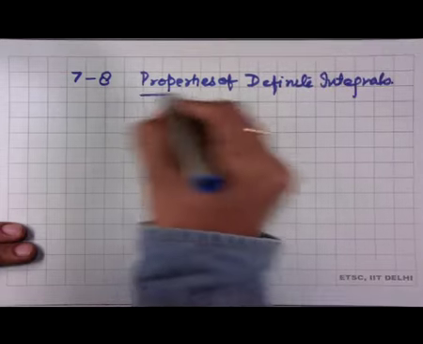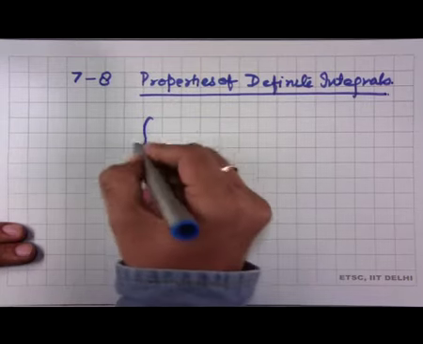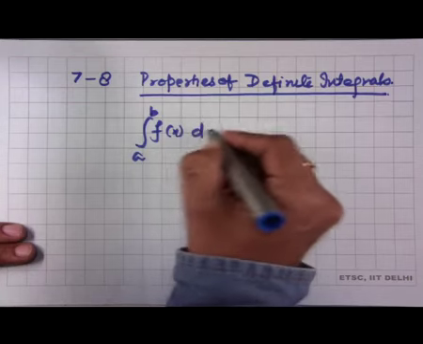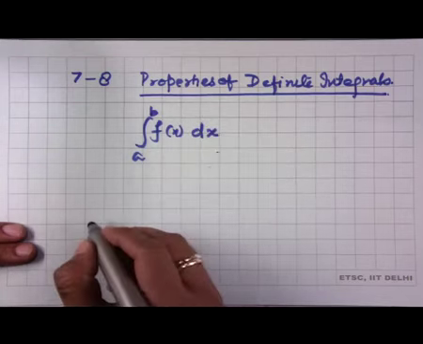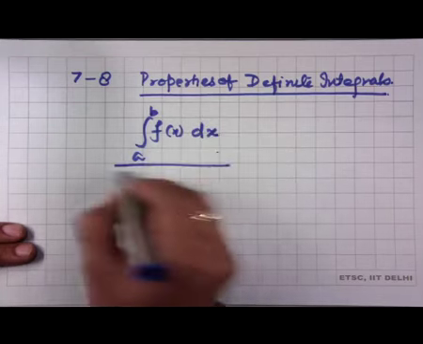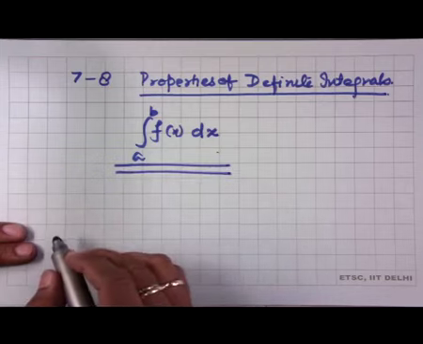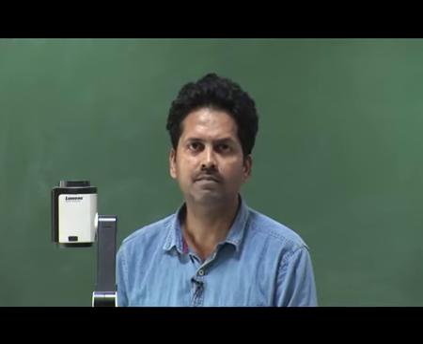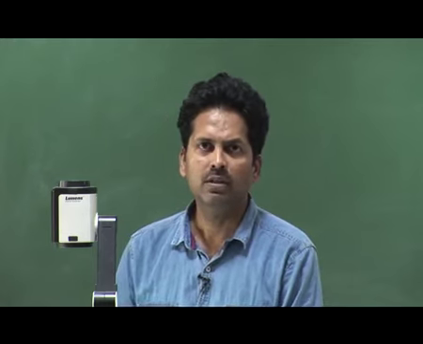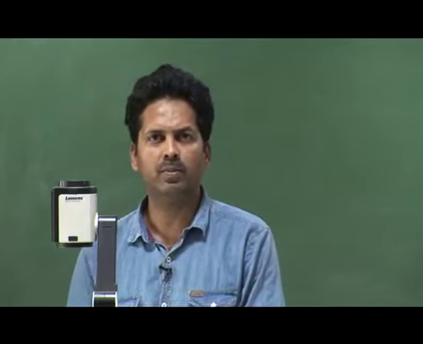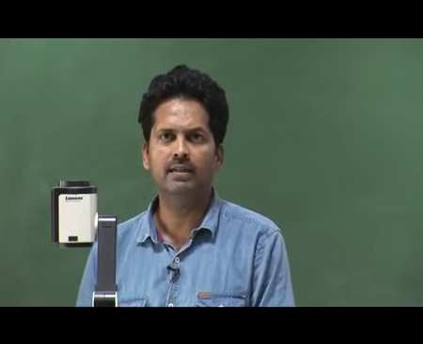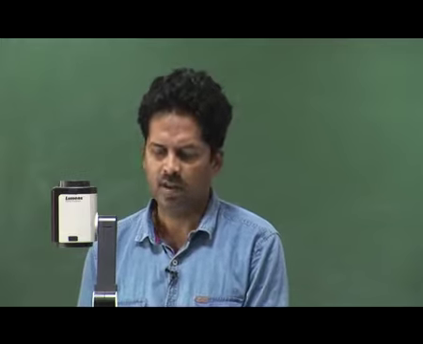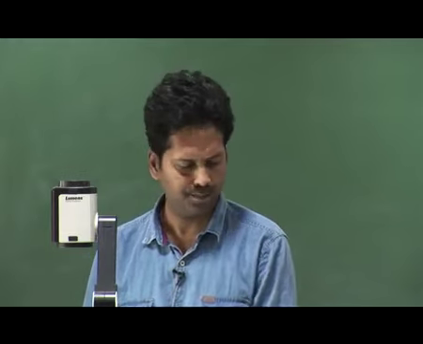If you use these properties of definite integrals and evaluate the integral, life becomes much simpler, and you can compute the integral much easier than otherwise. So, you are supposed to understand the properties, prove them, and then try to apply them on definite integrals to evaluate complicated definite integrals.